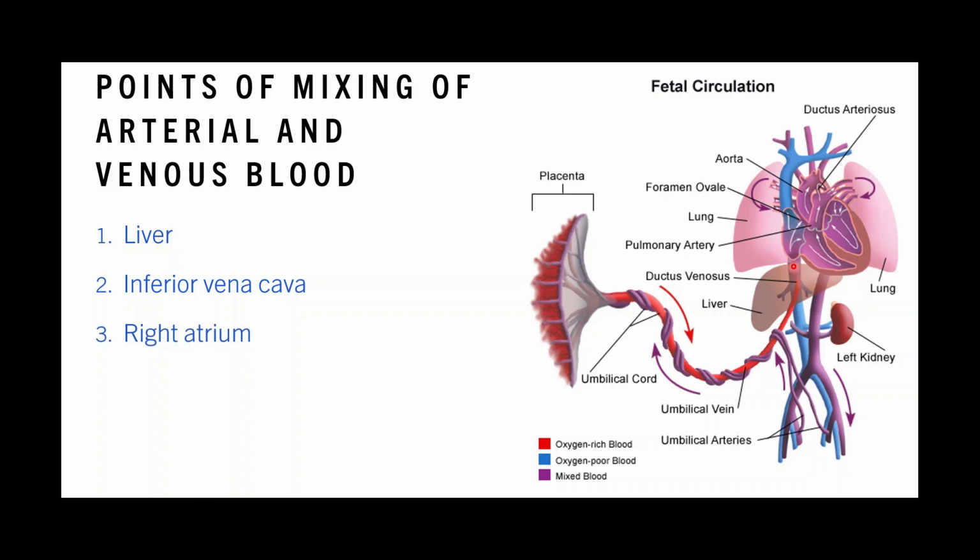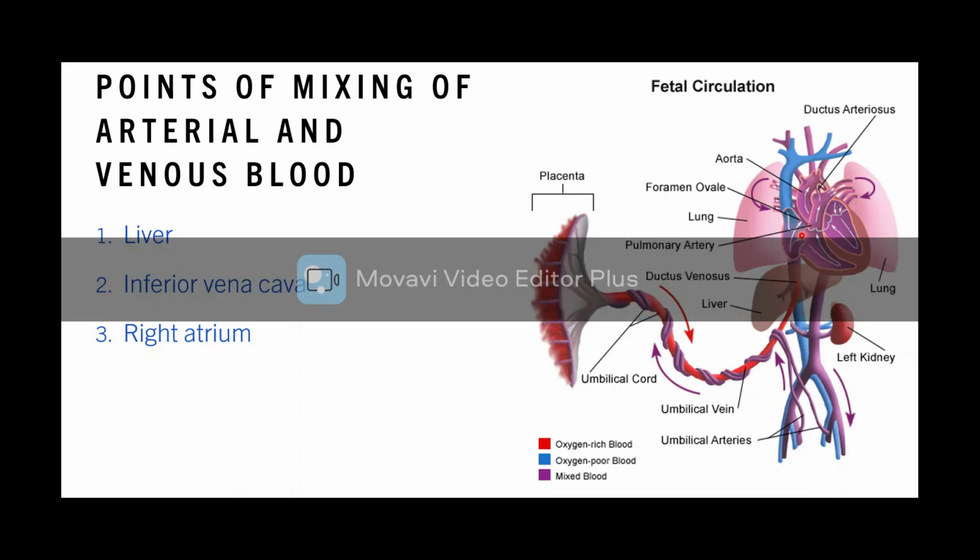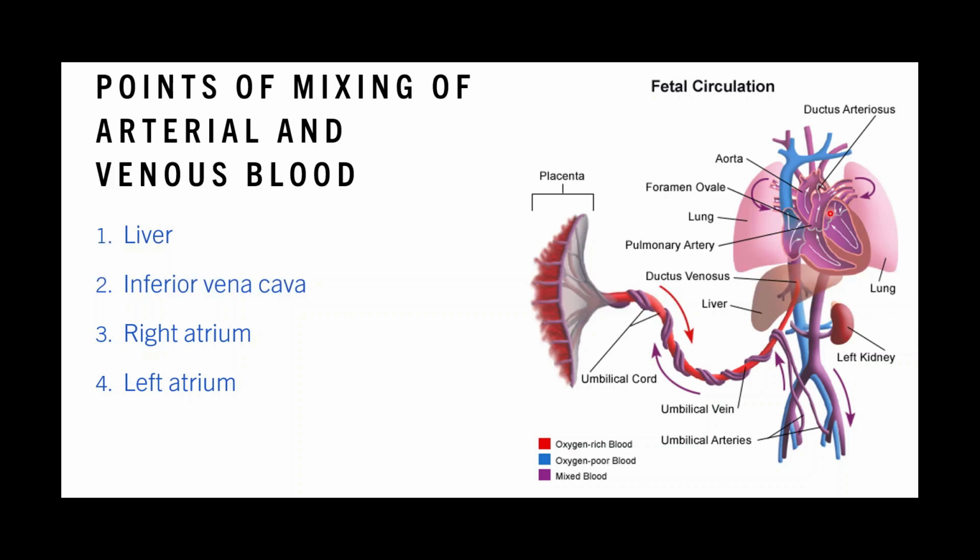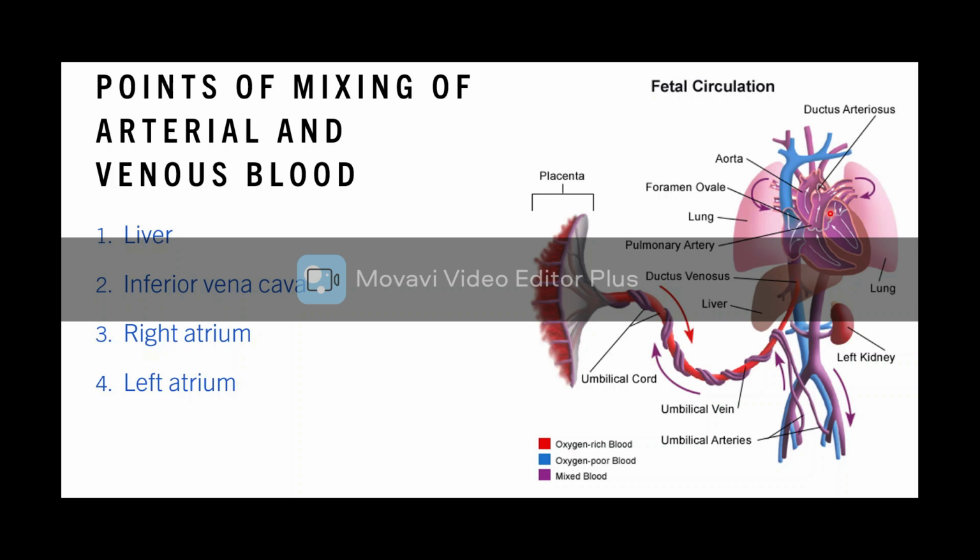The third point of mixing is the right atrium, where deoxygenated blood from the superior vena cava and oxygenated blood from the inferior vena cava mix. The fourth point of mixing is the left atrium, where deoxygenated blood coming from the pulmonary vein and oxygenated blood from the foramen ovale mix.